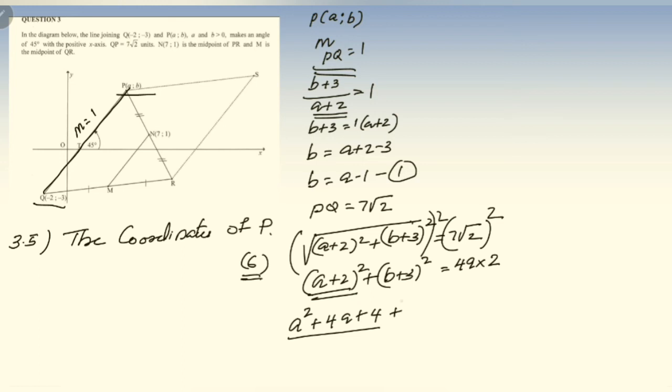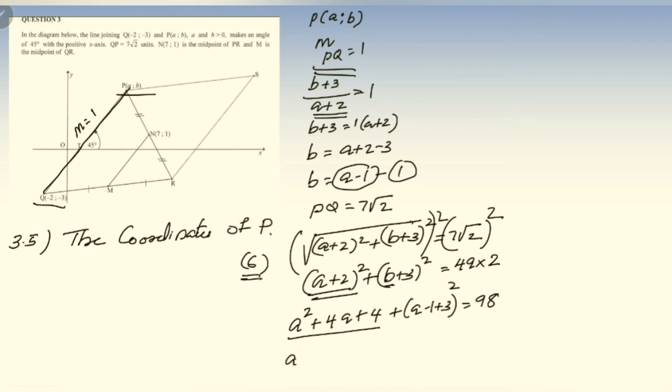Now here, for B, I have an equation, so I'm replacing B with A minus 1 rather than opening the bracket and substituting. So it's going to be A minus 1 plus 3 whole square is equal to 98. Now simplify.